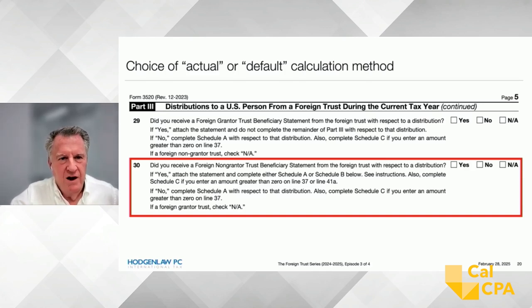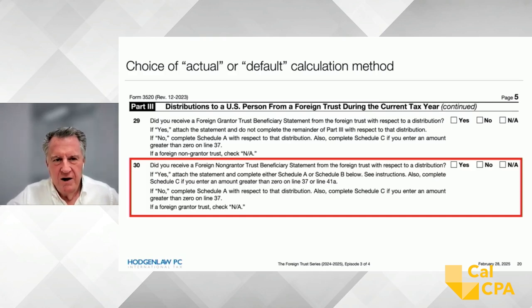If you get a foreign non-grantor trust beneficiary statement from the trustee in the year that you receive the distribution, you have a choice to either use the actual method or the default method. And so that second sentence at number 30, if yes, attach the statement, so you have to bolt the statement onto the beneficiary's income tax return, to the 3520, and complete either Schedule A, which is the default method of calculation, or Schedule B, which is the actual method of calculation below.